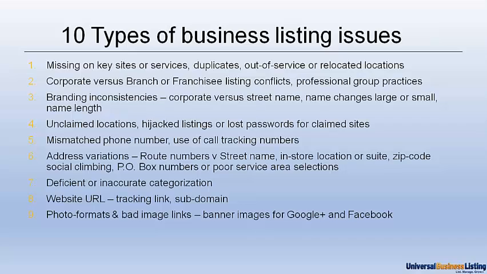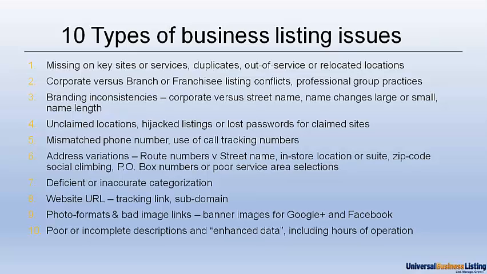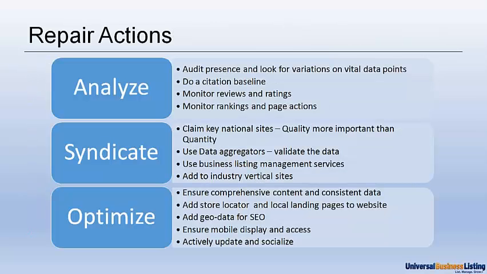Google and Facebook in particular today offer customized banner images for your places pages and your business Facebook page. Those are great opportunities to have a better display. Obviously, poor or incomplete descriptions of enhanced data are another key aspect of listing issues.